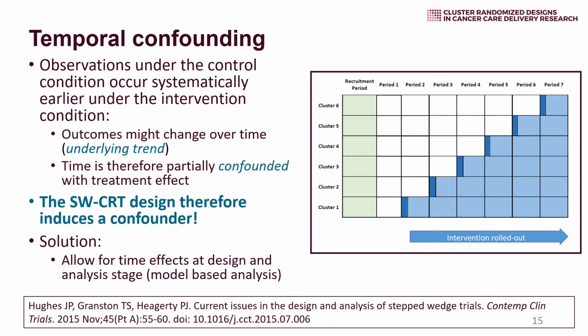There are potential solutions to this. Essentially, we must allow for time effects at the design and the analysis stage. This means we have to carry out what's known as a model-based analysis. In future sessions, we will look in a lot of detail at how we can allow for these time effects. But that's a first methodological complexity with the stepped wedge design.